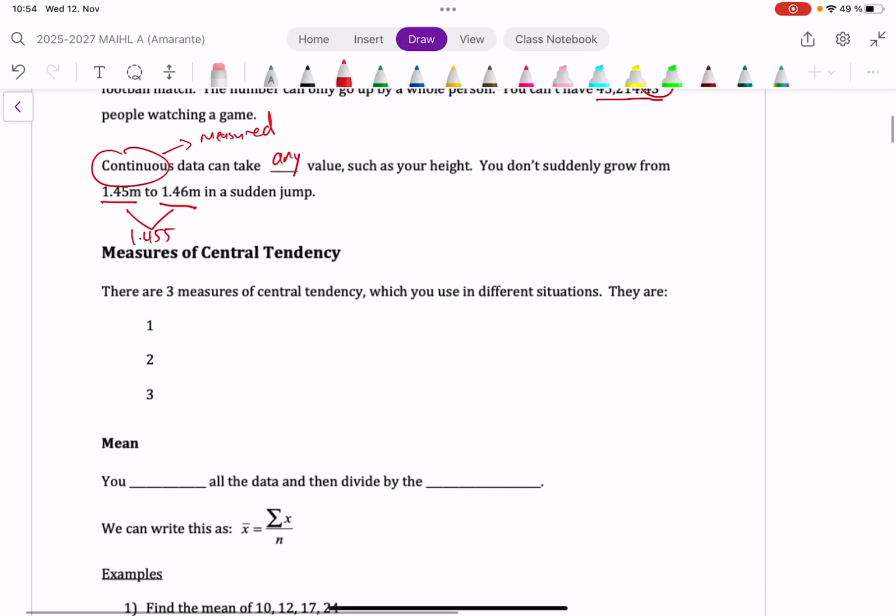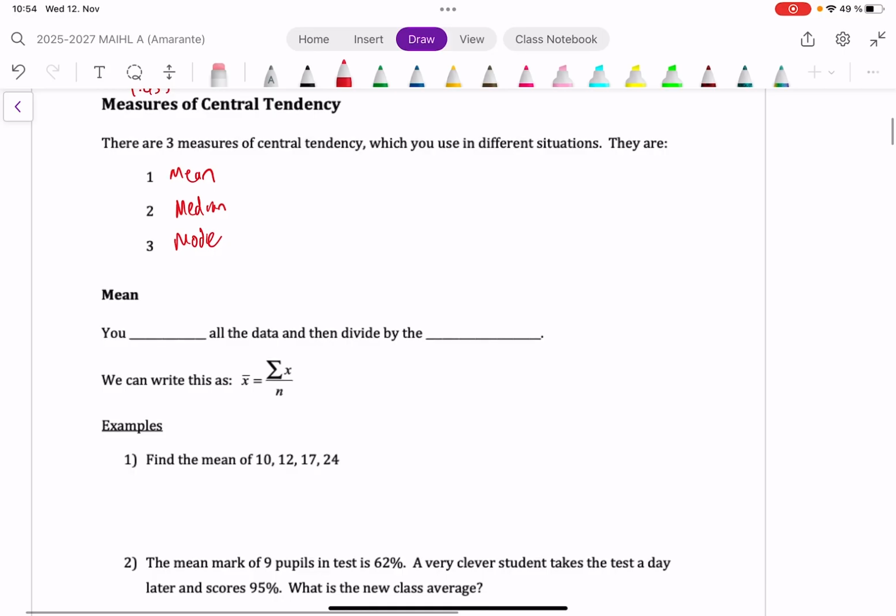When we talk about the measures of central tendency, so if we want to measure the middle of something, we want to figure out what's happening around the center, we have three ways to do that, and they're things that we've been doing for a long time. We have mean, median, and mode. And we'll define each of those in a second.